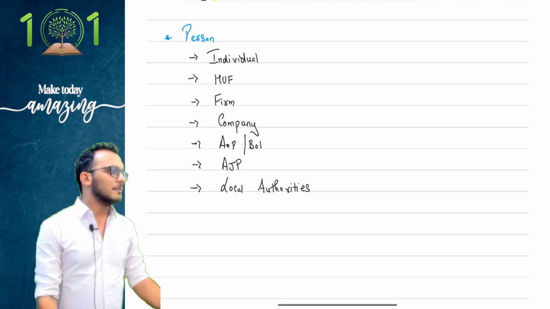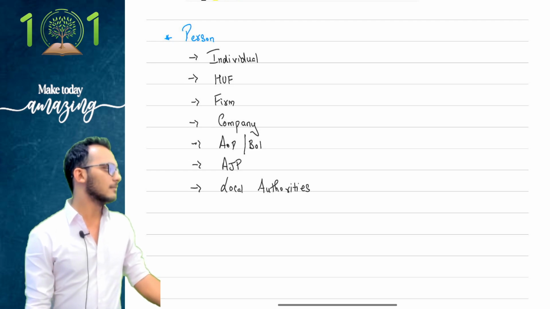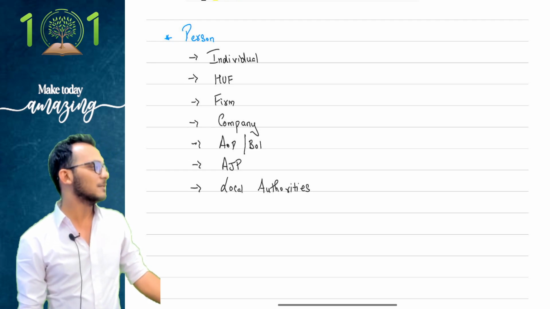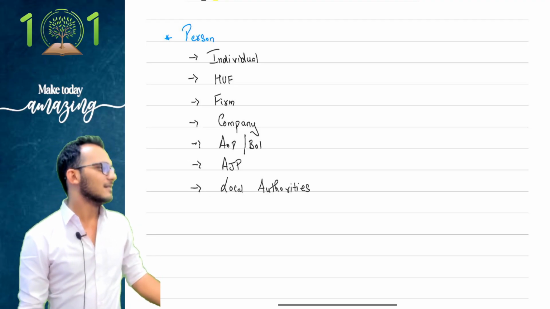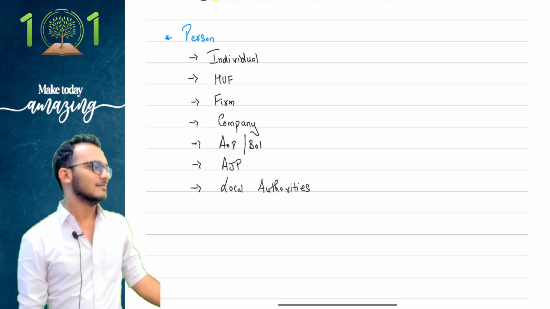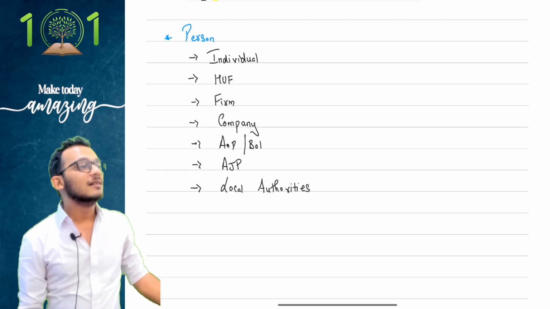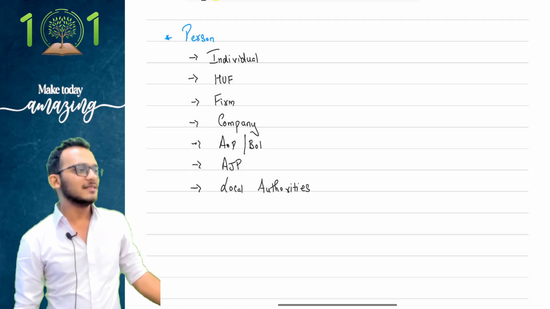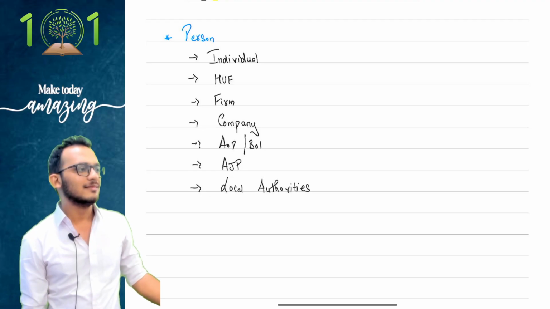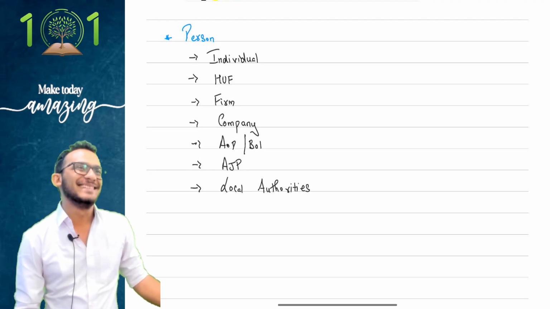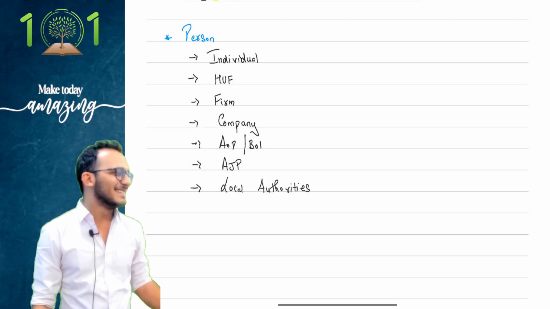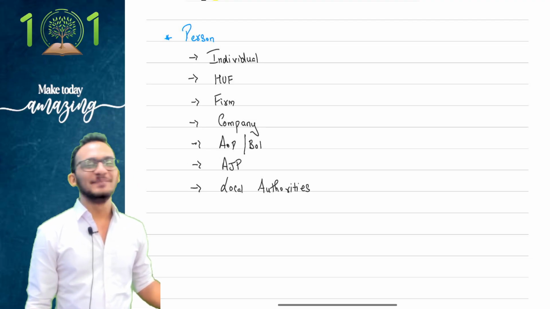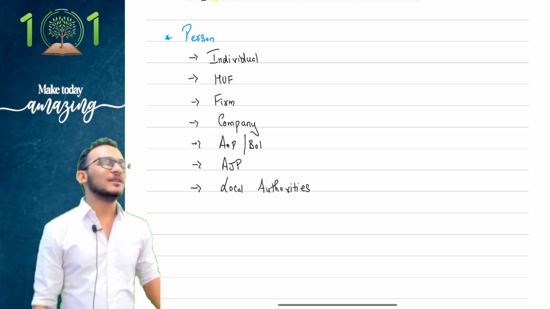Very good. Help me out one by one, people. What is an individual? Single person, like unmarried. Human being. Natural person. What's an individual?